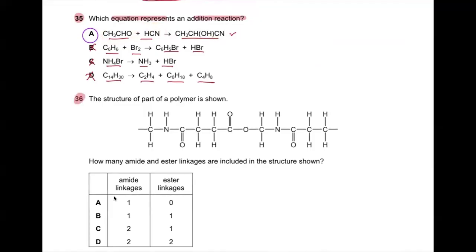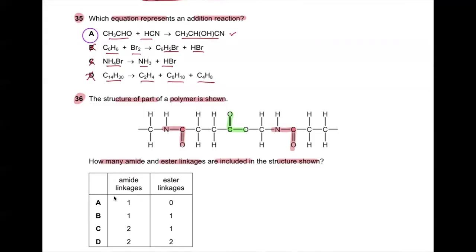Now, MCQ number 36. The structure of part of a polymer is shown. How many amide and ester linkages are included in the structure shown? Okay. So if you see, C double bond O bonded to nitrogen, that is amide, right? C double bond O bonded to oxygen, that is ester.